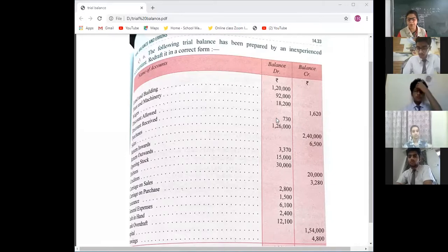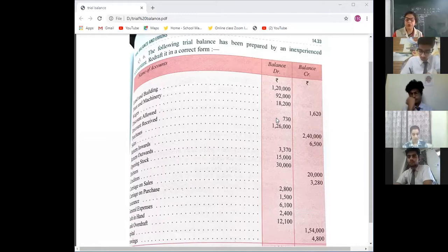Then insurance premium paid, that is debit. General expenses, that's why debit. Cash in hand, asset, must be debit. Then what about bank overdraft? Bank overdraft is a liability and it should be transferred to the credit side.